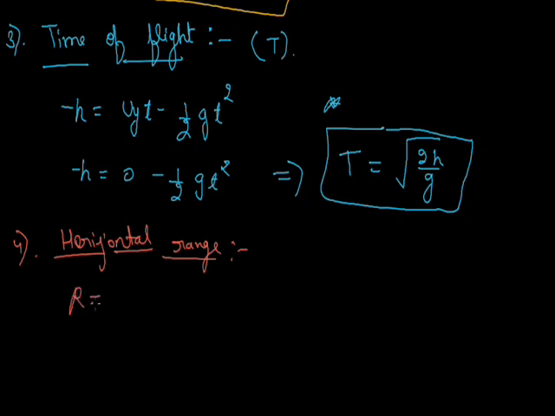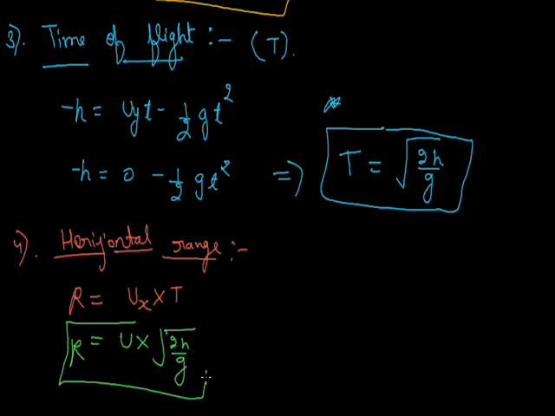Horizontal range R is equal to its velocity component in the horizontal direction multiplied by the time of flight. Then ux is equal to u, and the time of flight is under root 2h divided by g. This is equal to the horizontal range R. This is also very important.